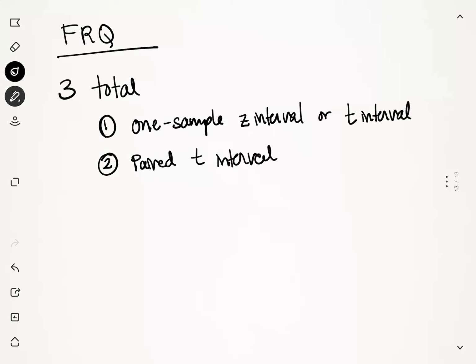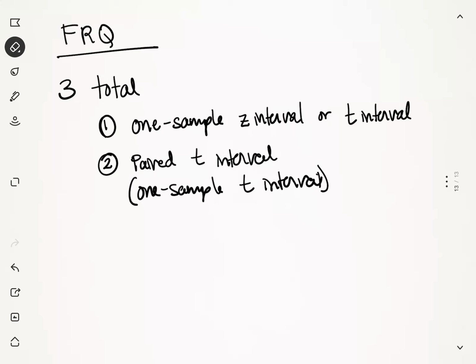Now, this is just a one sample T interval, okay? So really, it's just a one sample T interval. But the biggest thing is the process involved, how we have to take 2 sets of data from a matched pairs design and reduce it to one set of data in order to perform that interval and calculate it.